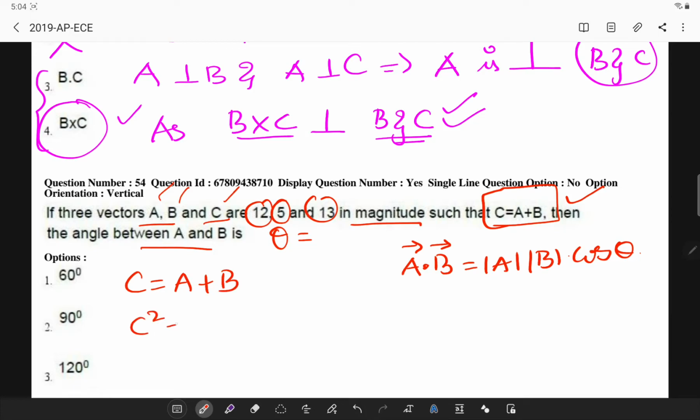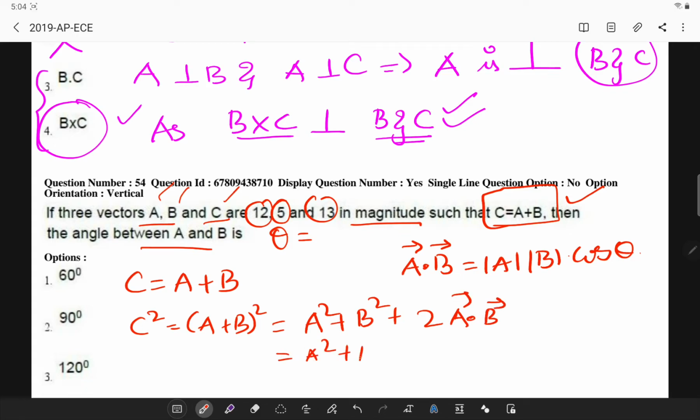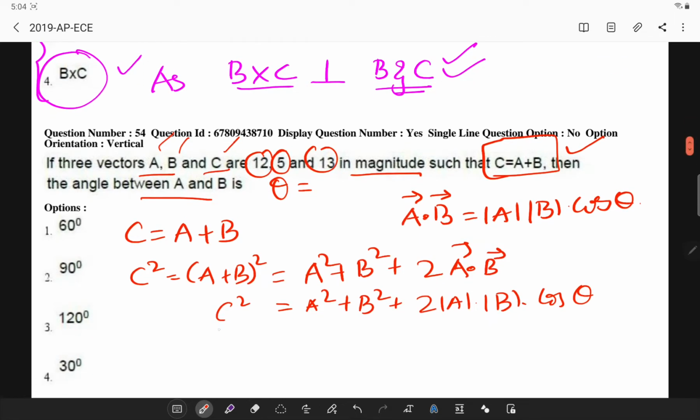Now if I square on both sides, A plus B whole square will be A square plus B square plus 2 A dot B, which will be A square plus B square plus 2 magnitude of A into magnitude of B into cos theta is equal to C square. Given C is 13, A is 12 and B is 5.